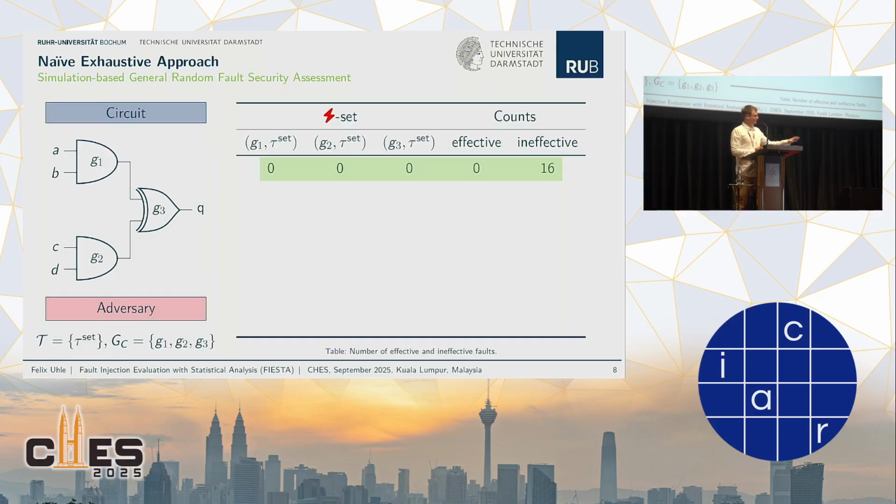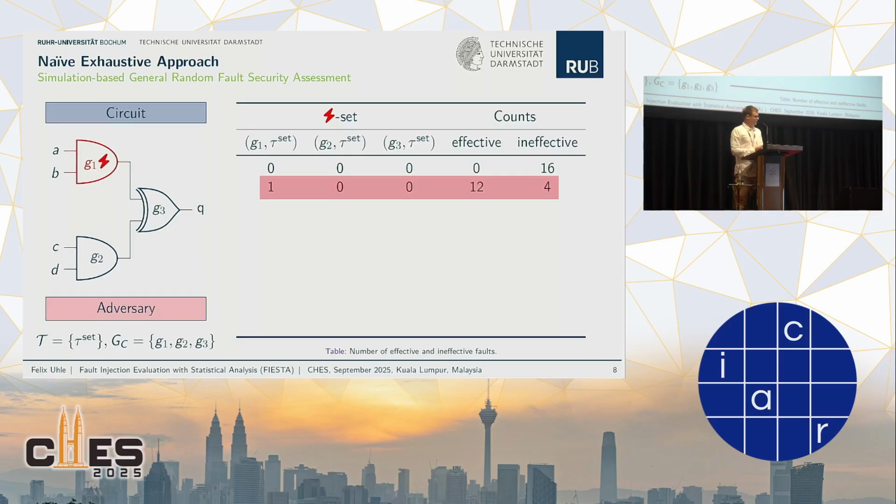And then we have this table which shows us how many effective faults we have for each fault combination. A 0 in one of these tuples means the fault is not injected, and 1 means it is injected. So here no fault in this line is injected, therefore we have 16 ineffective faults since we have 4 inputs. And for each input, no fault is effective since none is injected, right?